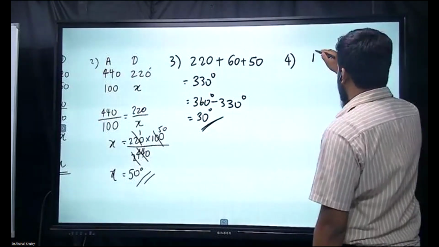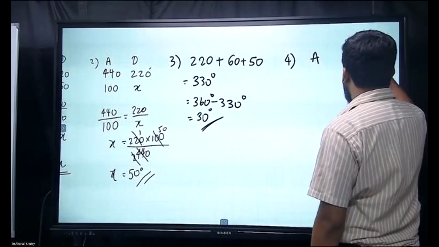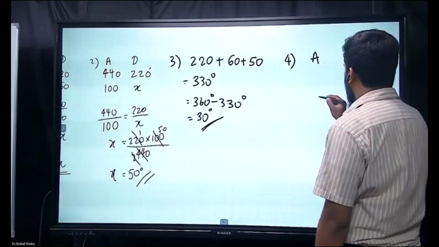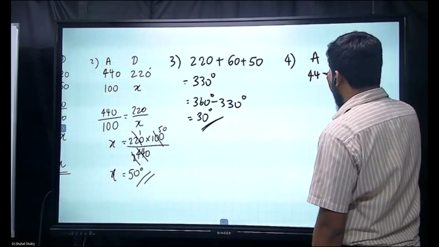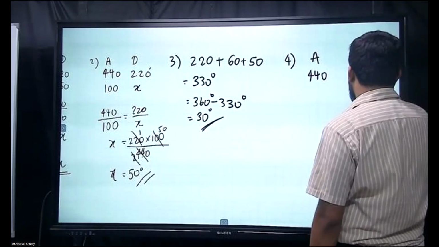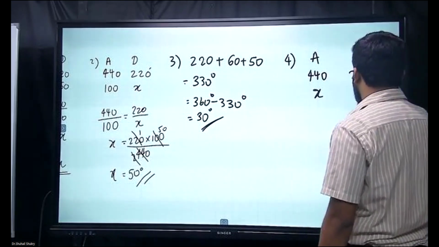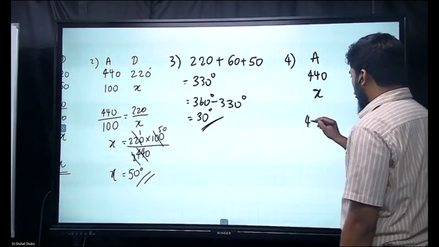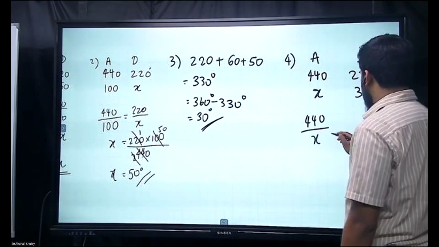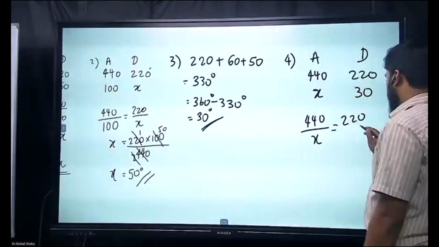So you can write amount and the degree. Always we have to put the golden thing. Golden is 440, 220. After that, second we have to put the question's one. Amount X, degree is 30. So 440 up, X down, equal to 220 up, 30 down.